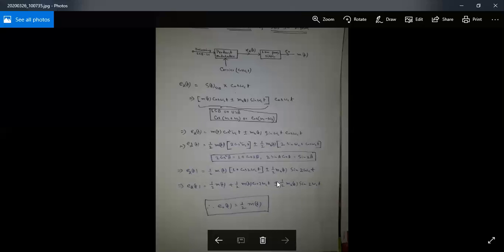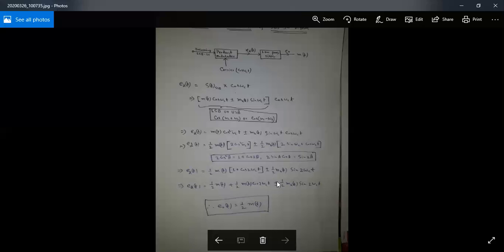and as a result the output of the low pass filter will be the simple message signal or baseband signal in terms of E0. So what is the function of a low pass filter?